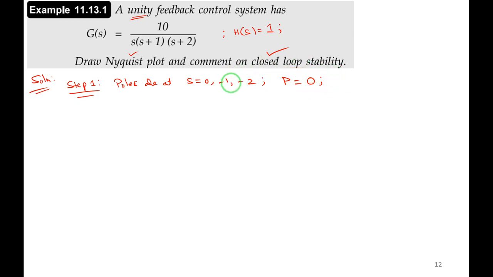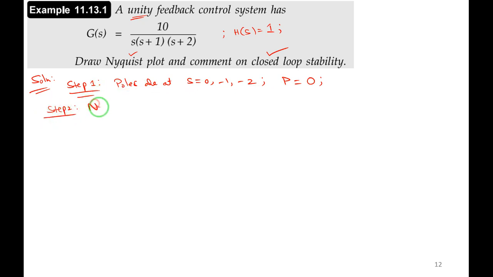In this problem, all the poles are in the left half of the S plane, so P is 0. Step 1 is over. Is it fine? Then next, we will go to step 2.